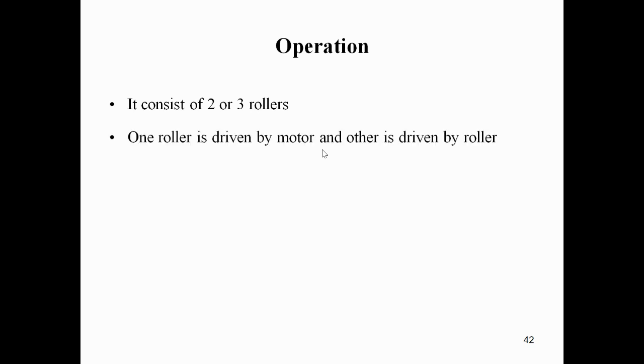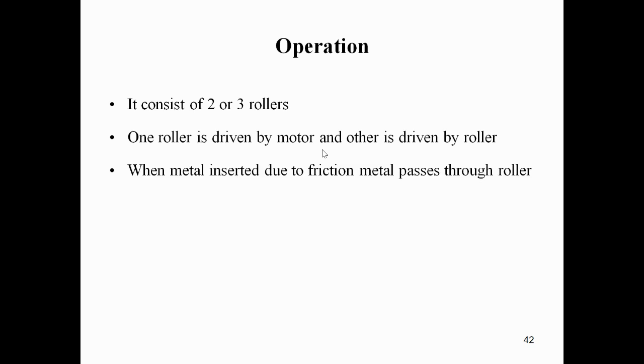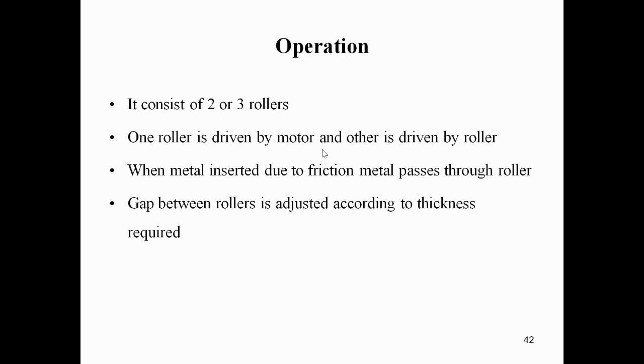One roller is driven by a motor and the other is driven by the first roller. When the metal is inserted, due to friction the metal passes through the rollers. You can see here.